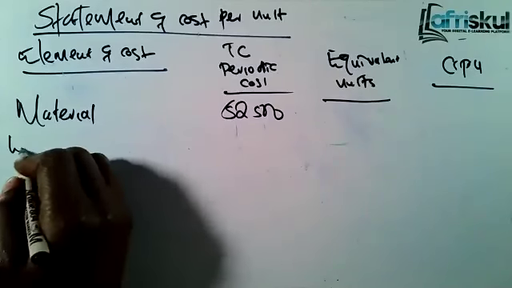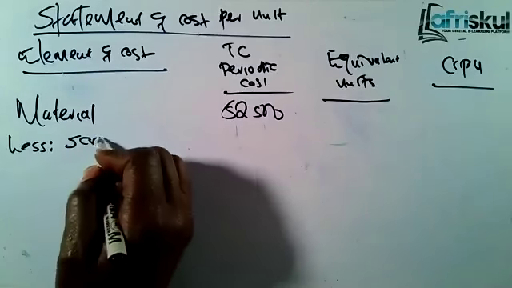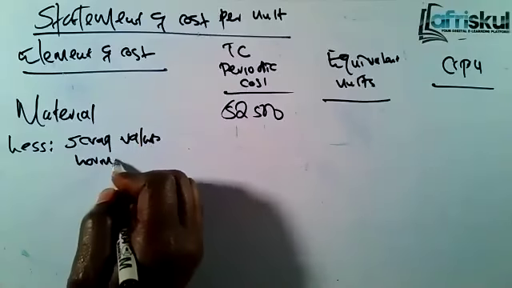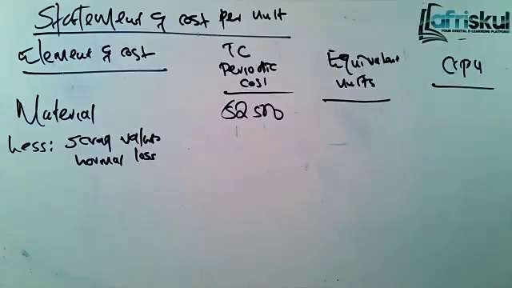Then you less scrap value, normal loss. Our normal loss was 1,200 units.